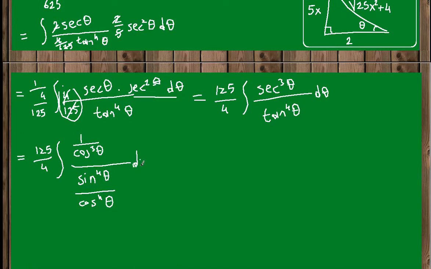D theta. Here, cosine cube and cosine 4th cancel out. We leave here only one factor of cosine. So 1 over sine 4th of cosine theta, which is cosine theta over sine 4th theta.